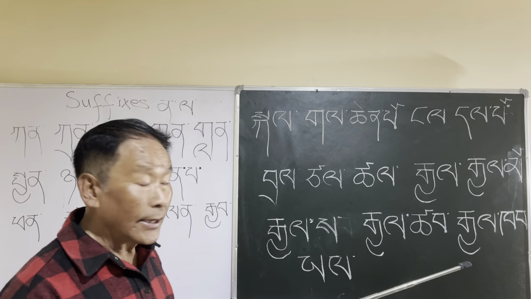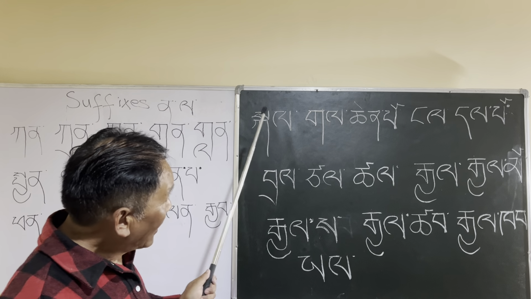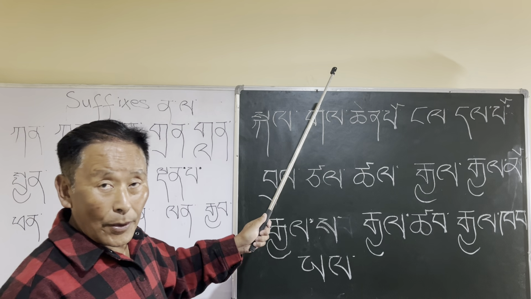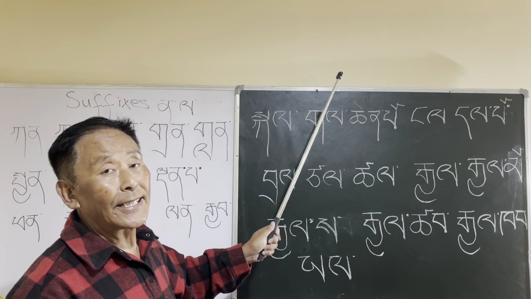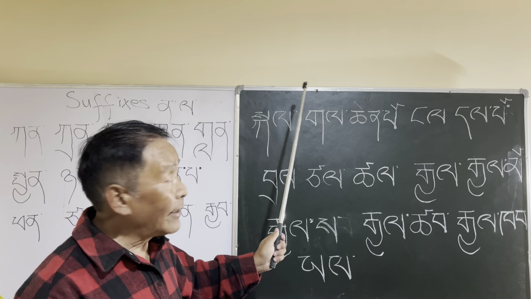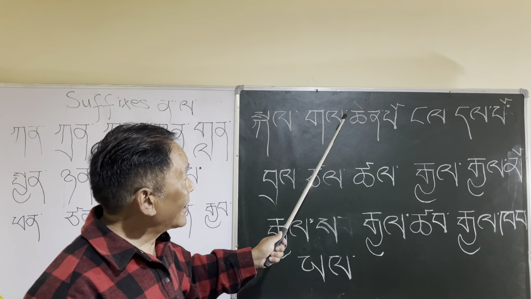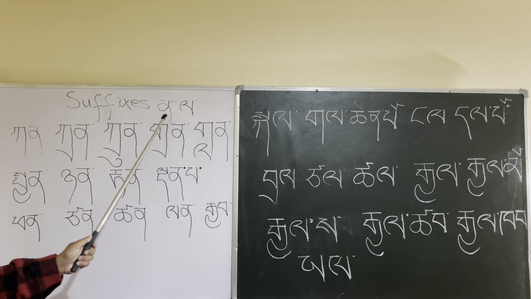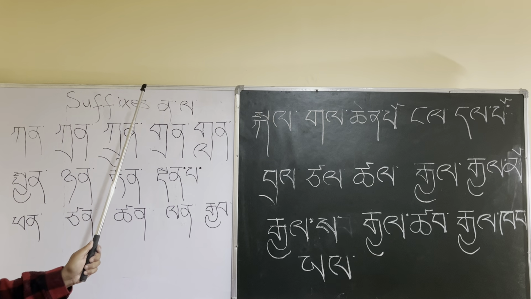And in brief, if you see the suffix la, we have to know that la is to be pronounced, but at the same time, it should add an imaginary vowel jangbo to it. And the same rule is applicable to the suffix na. As simple as that.